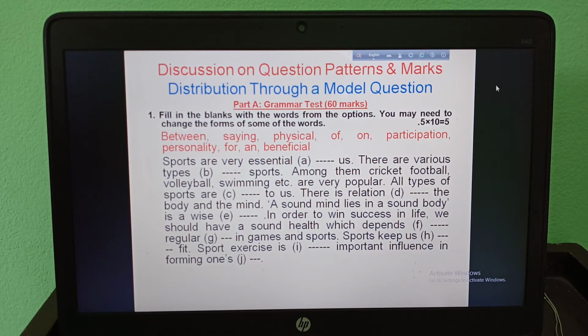You will get questions 1 to 11 based on grammar, and these questions deal with different chapters belonging to English grammar. In question number 1, you will find filling blanks. You will be given a context with 10 blank spaces, and 10 or more words will be provided.